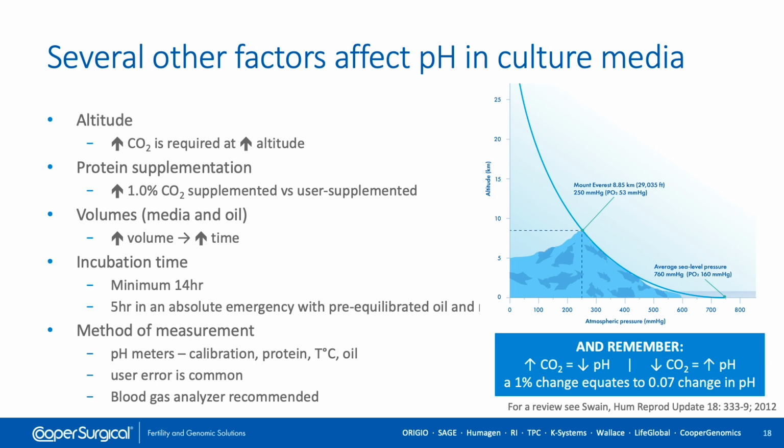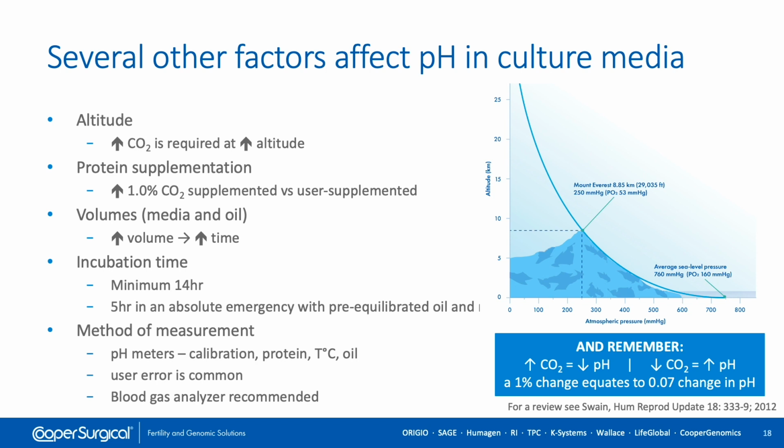Whether a lab supplements their own media or buys pre-supplemented media from the manufacturer will have an impact on the amount of CO2 that's needed to give the correct pH within the media. The volume of media and oil that we use matters: an increase in volume of oil means increased equilibration time, and therefore, as we said in the previous slide, we recommend a minimum of 14 hours for incubation to get the dishes to be equilibrated.